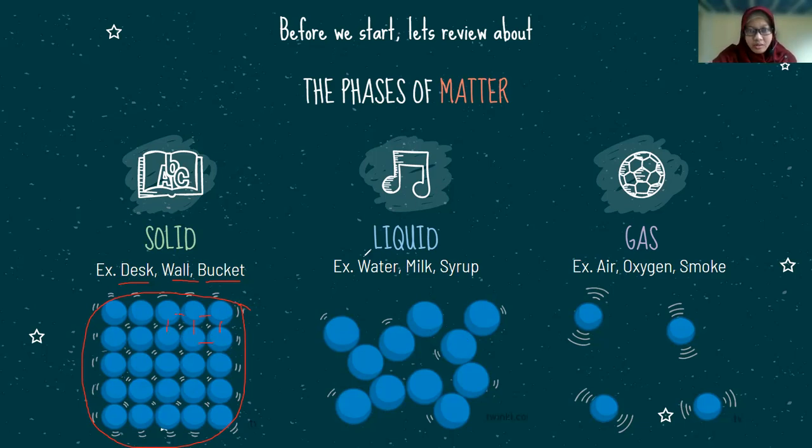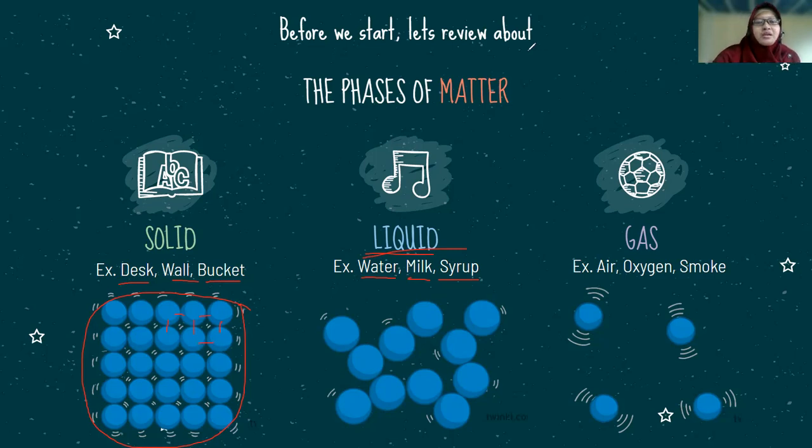The next one is liquid, and the examples of liquid are water, milk, and syrup. It is something that can flow, and you can feel it is wet. If it is wet, it means it's liquid. If you compare the particles of liquid to solid or gas, particles of liquid are quite close to each other, but not really close, and not that far if you compare to gas.